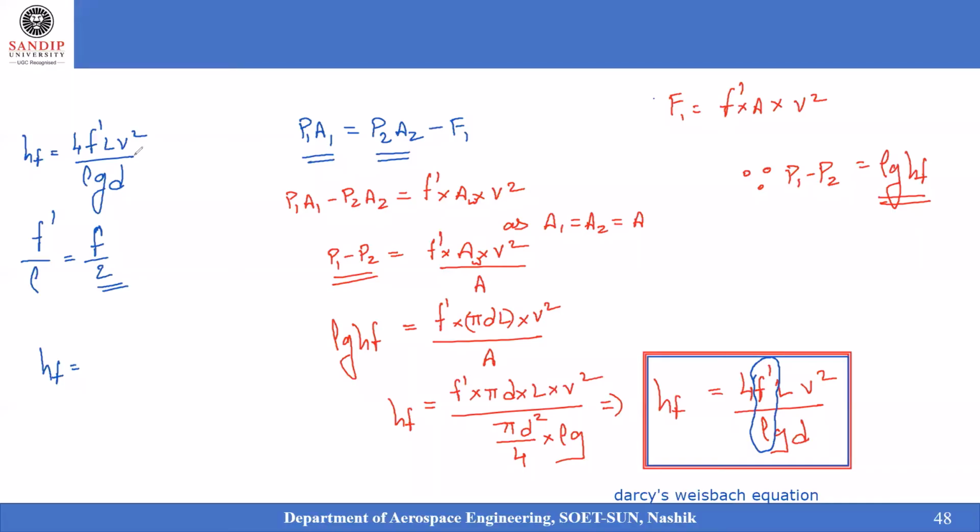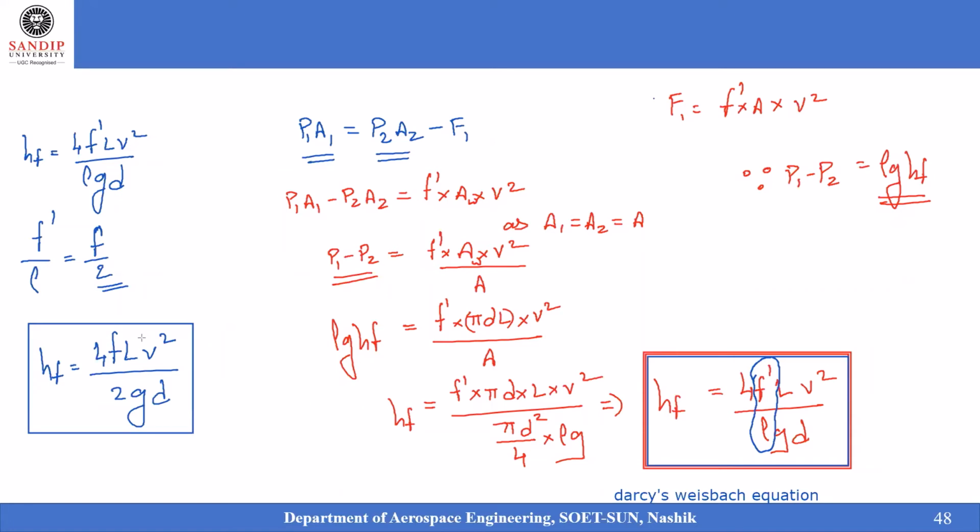Whenever in some cases, f dash by rho will be given as f by 2, where f is a friction factor. Writing in terms of the friction factor, the above equation can be rewritten as 4f L v square by 2g d. So this is the equation when they have given the resultant term with a friction factor.